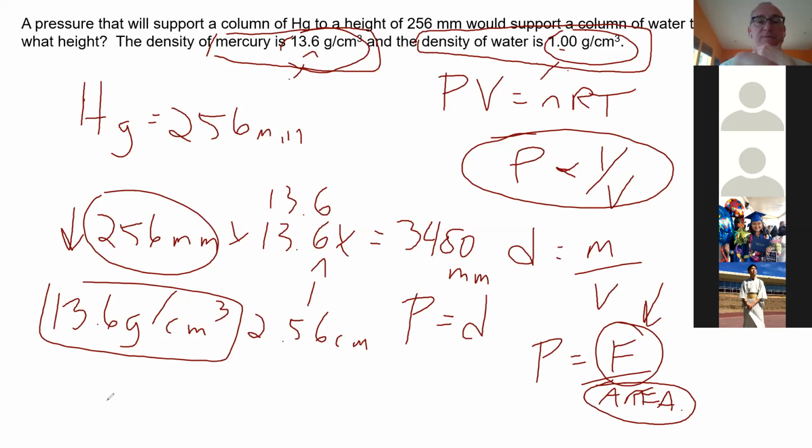It's just because the centimeters cubed cancel out, and it's just a ratio of the masses. Okay, I'll let you scratch your heads on that one. You can look that up as well and see if you get the same answer.